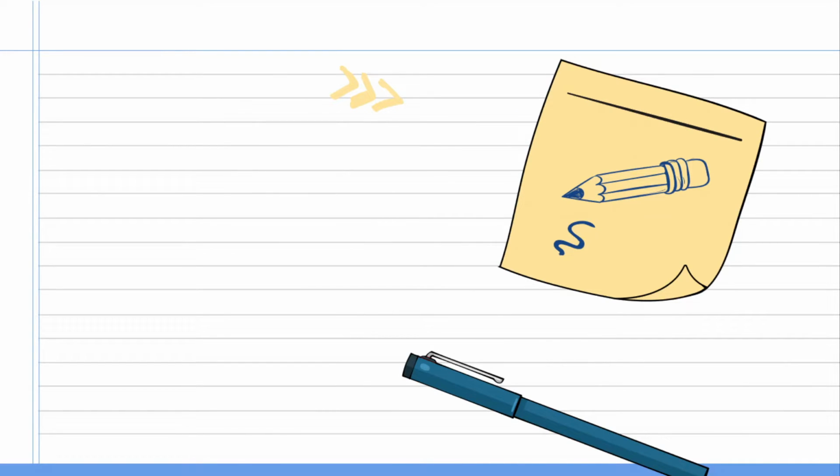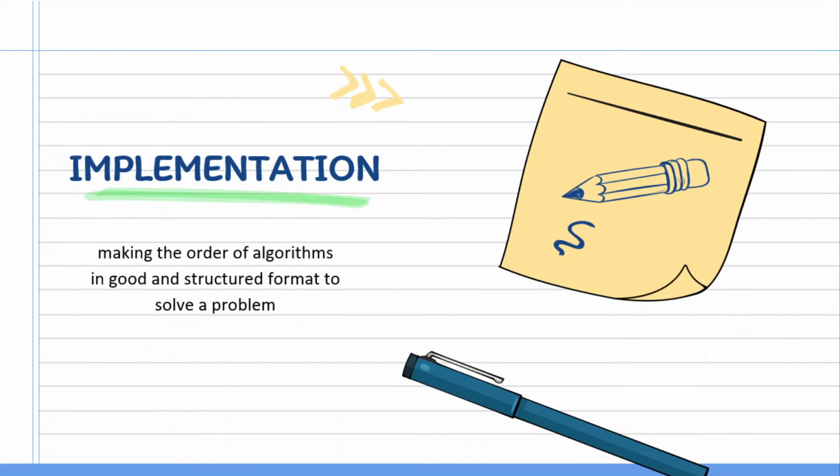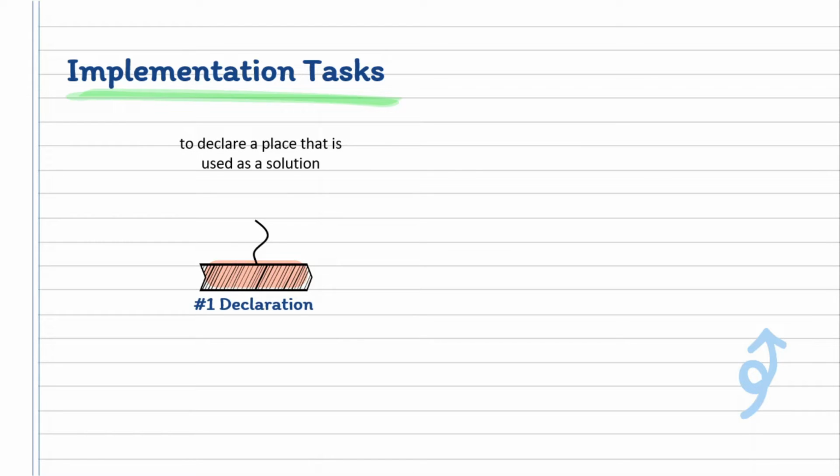Using the case that have been made before, we can implement the solution. Implementation is making the order of algorithms in good and structured format to solve a problem. There are four tasks of implementation. First is declaration. This step is to declare a place that is used as a solution.